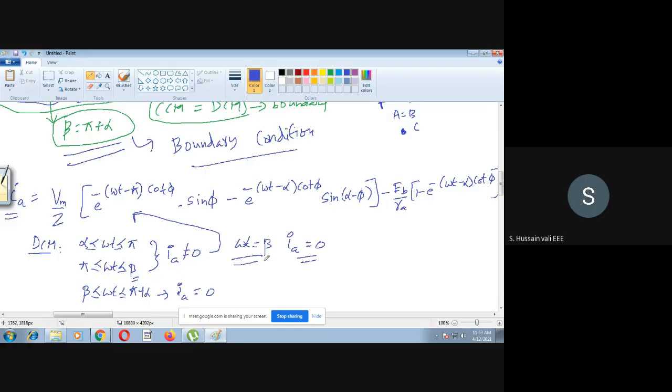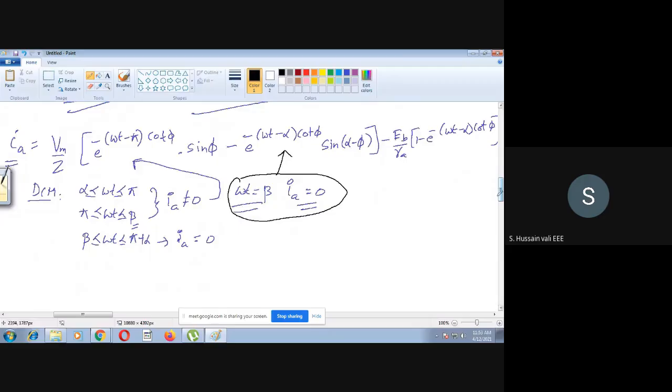After beta to pi plus alpha, IA will be zero, and that duration is the discontinuous duration. So we will substitute the condition omega t equal to beta, IA equal to zero, in this equation.